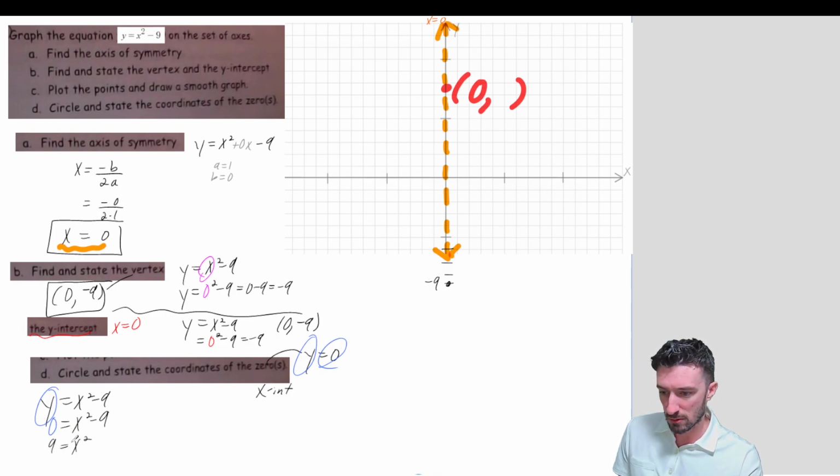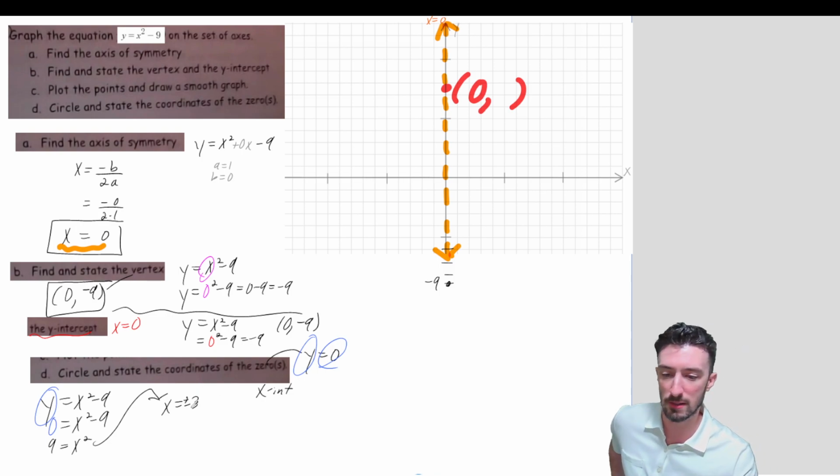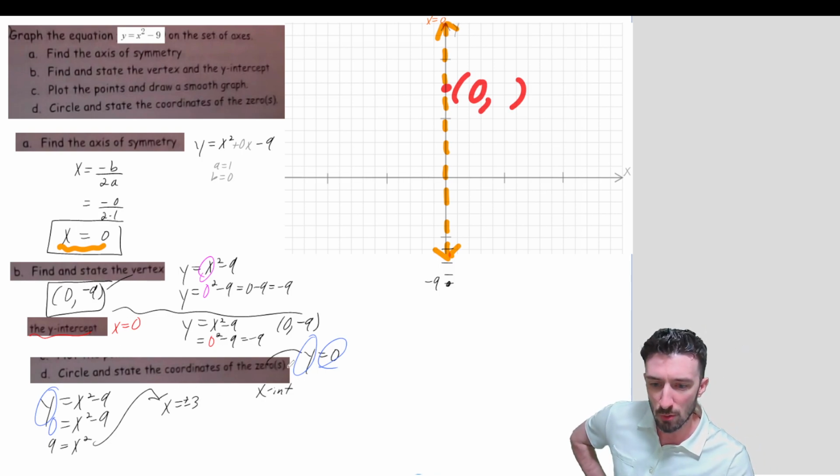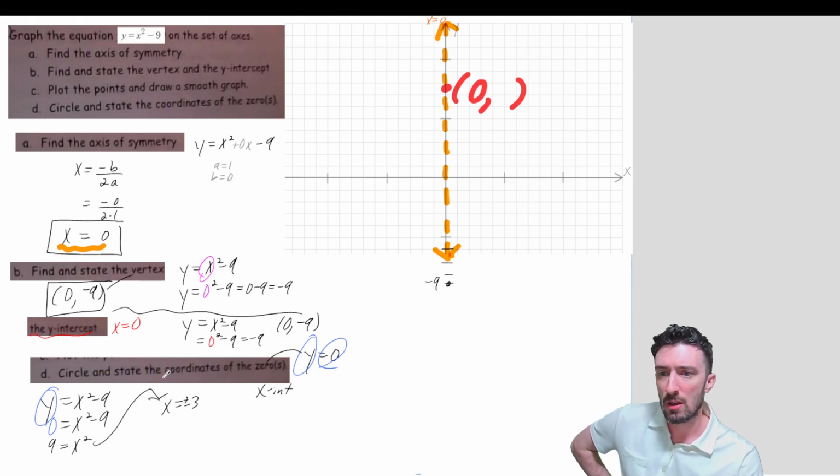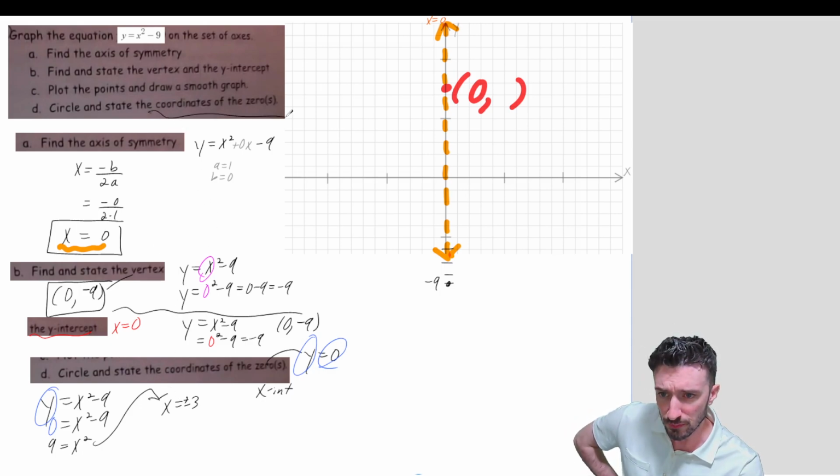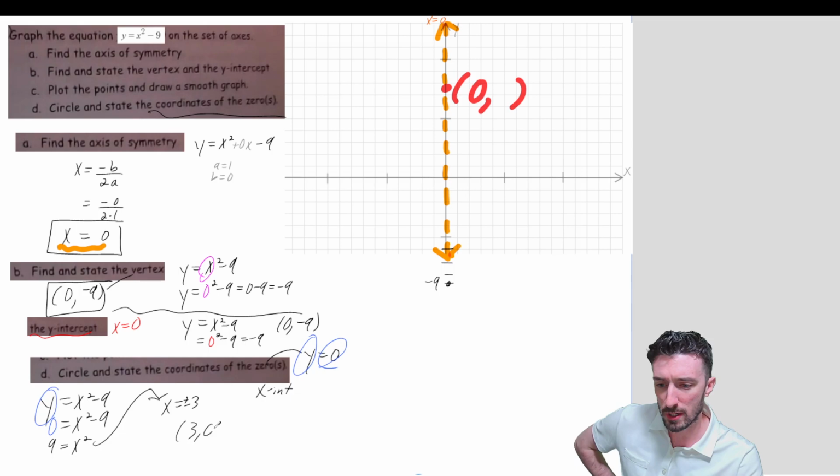And you get x squared equals 9. And then x is going to equal not just 3, but also negative 3. So plus or minus 3. Now, that means you're going to have the coordinates (3, 0) and (negative 3, 0).